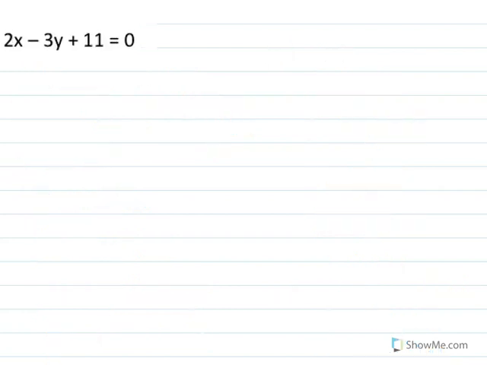We now draw the graph of the equation 2x - 3y + 11 = 0. So we do 2x equal to, take the 11 on the other side, so -11, and -3y on the other side becomes +3y.